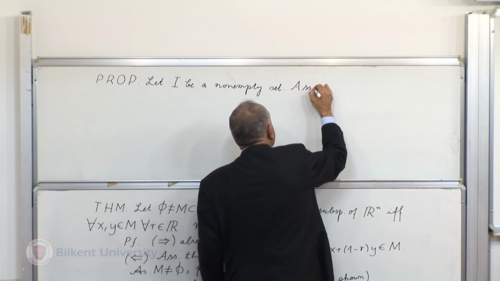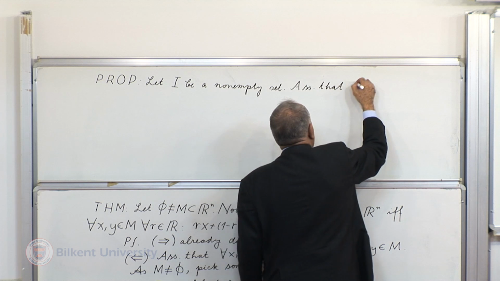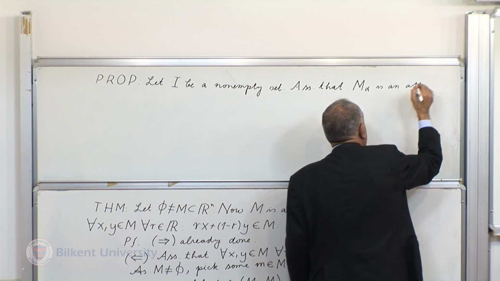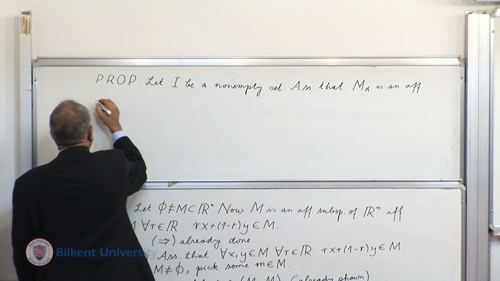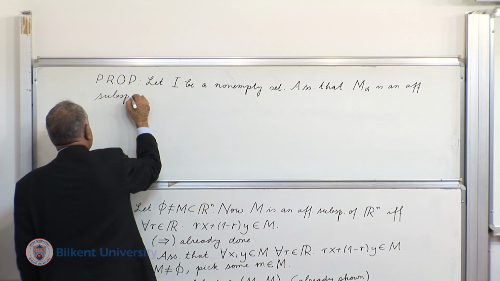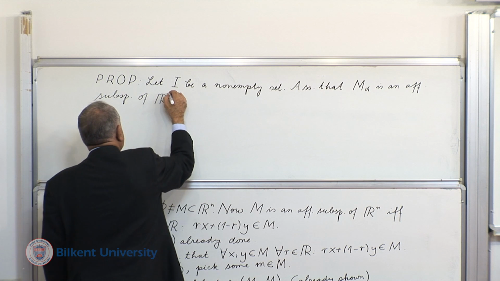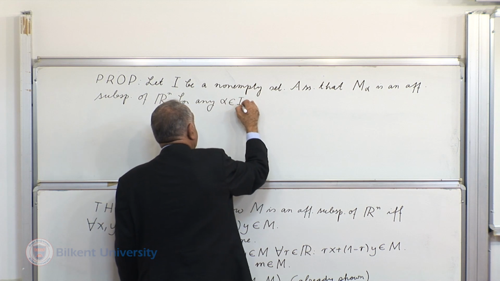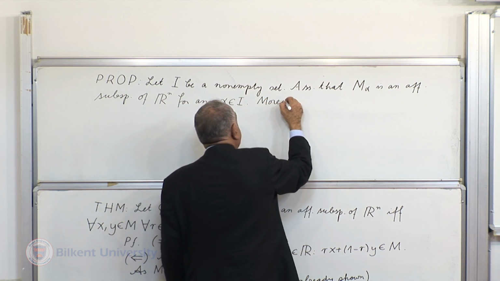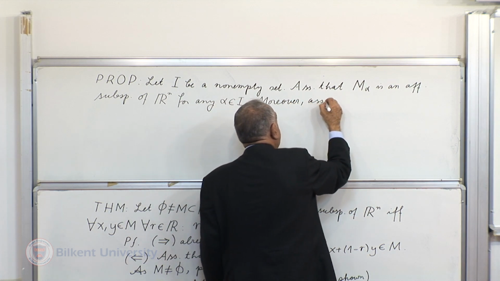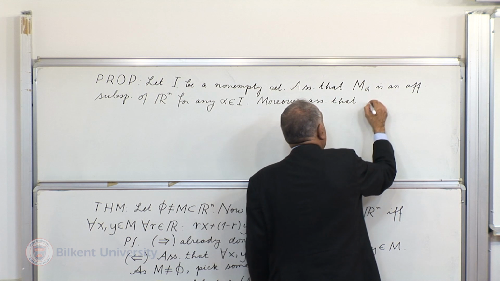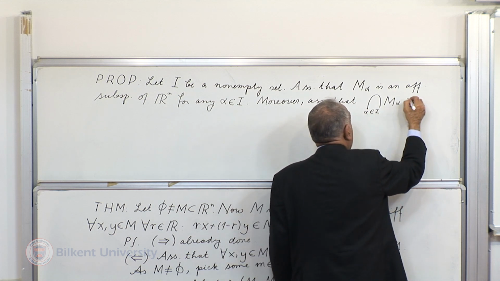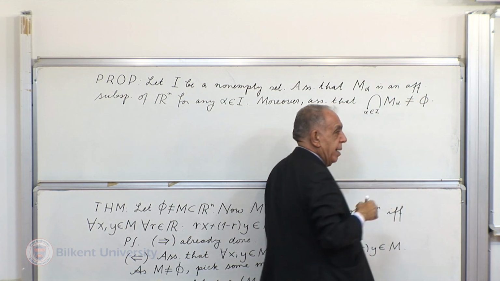Assume that M alpha is an affine subspace of Rn for any alpha in I. Moreover, assume that the intersection of these M alphas, when alpha is in I, is non-empty.